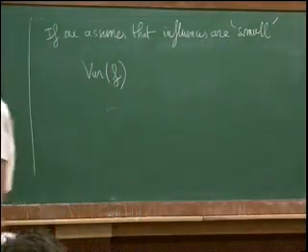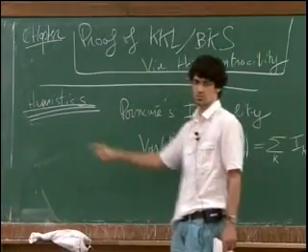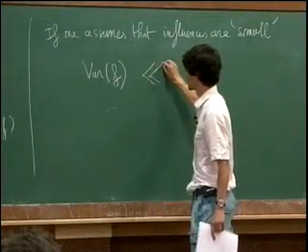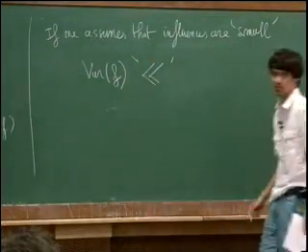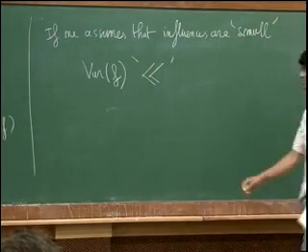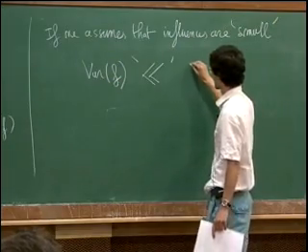The variance of your Boolean function will be much smaller than the total influence. Of course, much smaller depends on how small the influences are, but in these heuristics I won't give anything quantitative.